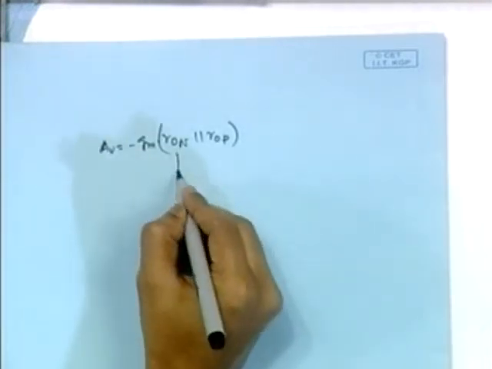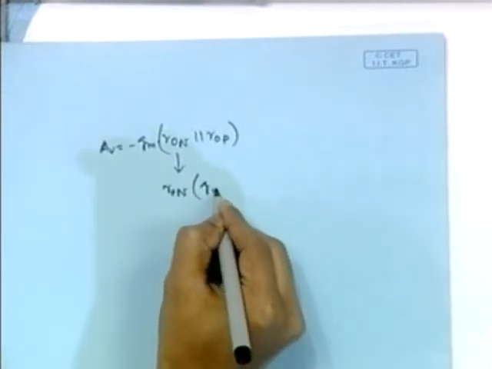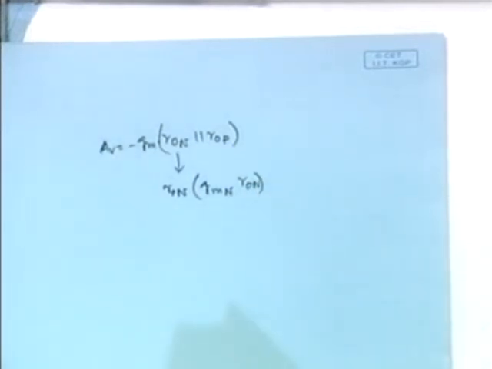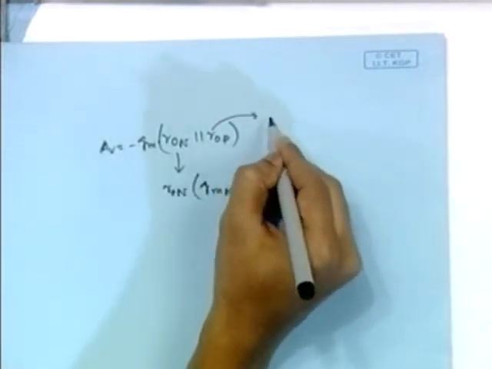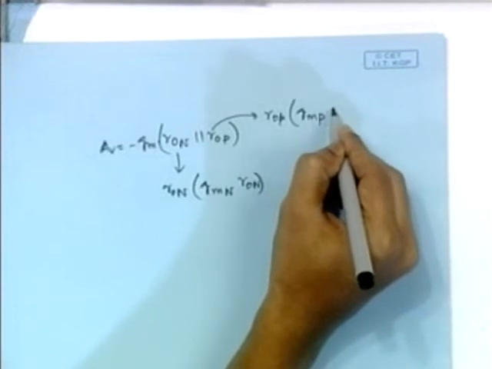Here, this R naught N, due to the introduction of these stacked transistors at the uppermost portion, is changed to something like this. R naught N is multiplied by gmN into R naught N, and this R naught P is changed to something like this. So what is the value of the new voltage gain?